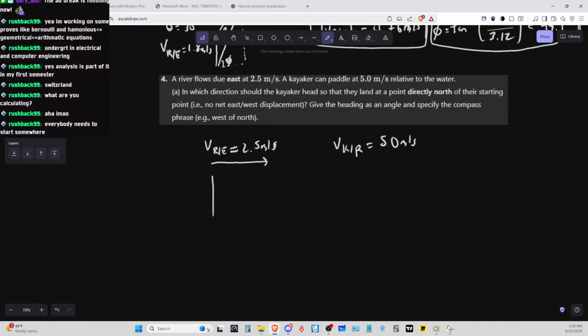And then let's say the kayaker goes up here. Well, technically, I think it really doesn't matter, but I'll change it if it gets a little bit too cumbersome.